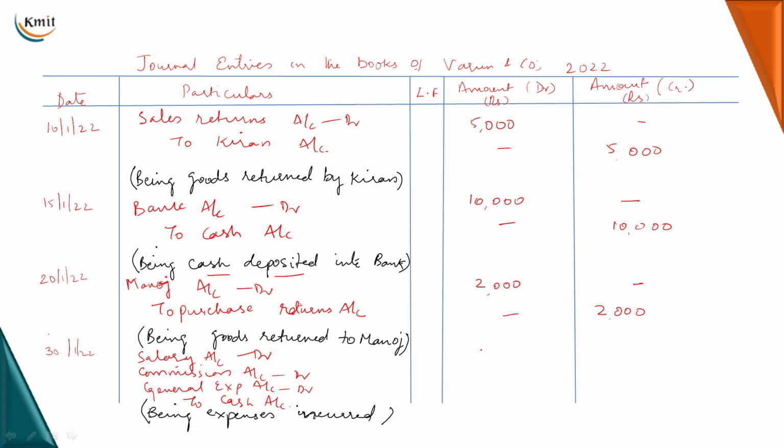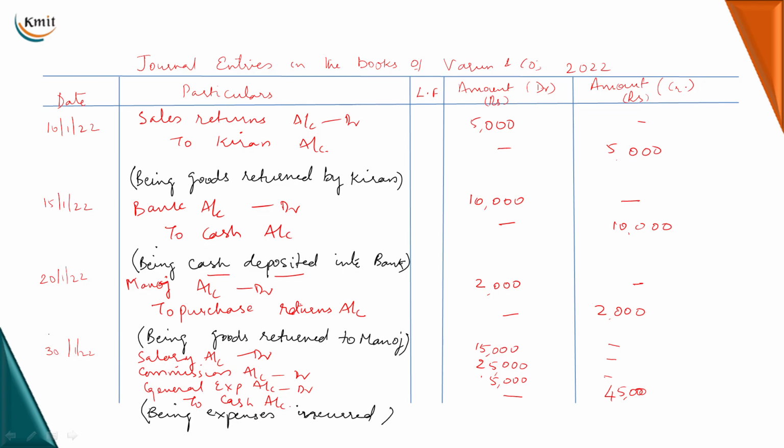One item of salaries is 15,000. Next one is 25,000. Next expenditure is 5,000. Right? So total cash amounts to 45,000.